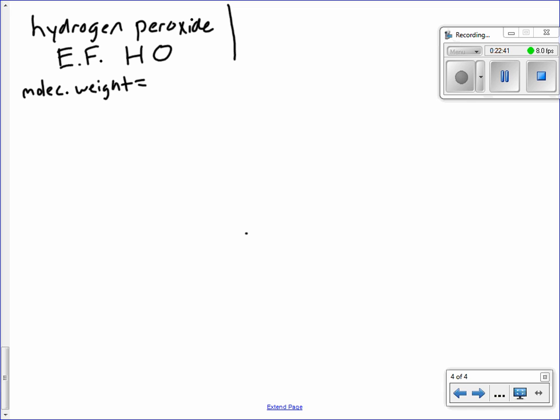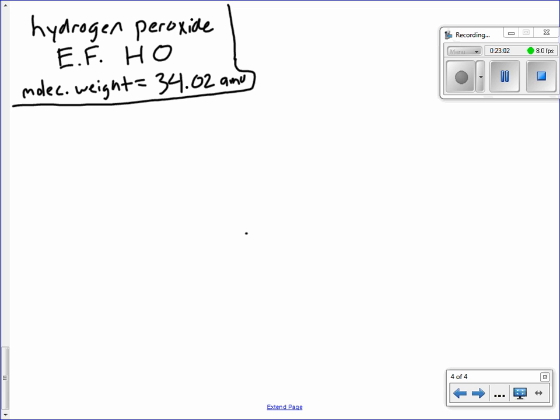The molecular weight is going to be 34.02 AMU.